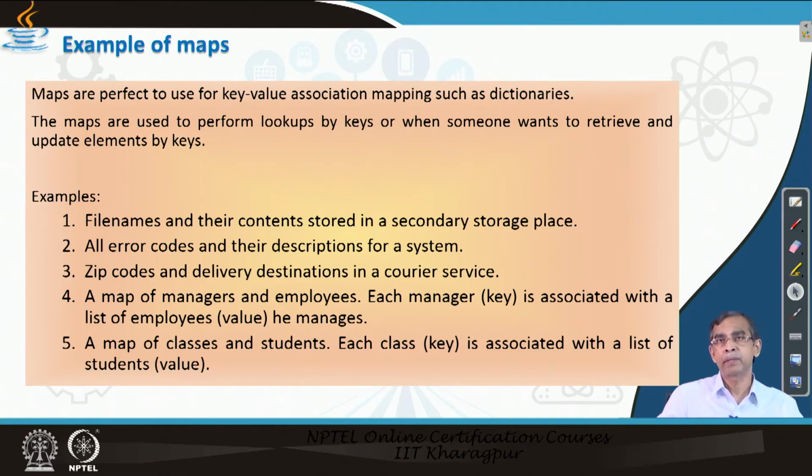So there is a mapping from the file name to files stored in the hard disk or secondary storage, and the mapping is everywhere. For every error code there is a corresponding error-handling routine, and for every location there is a pin code. So there is a mapping from location to pin code. There are many examples of mapping which we are familiar with.